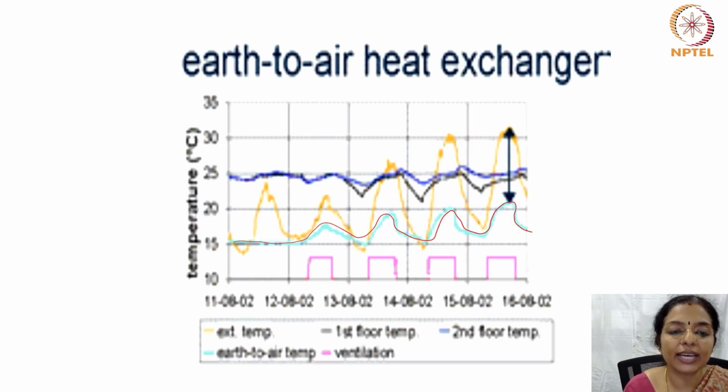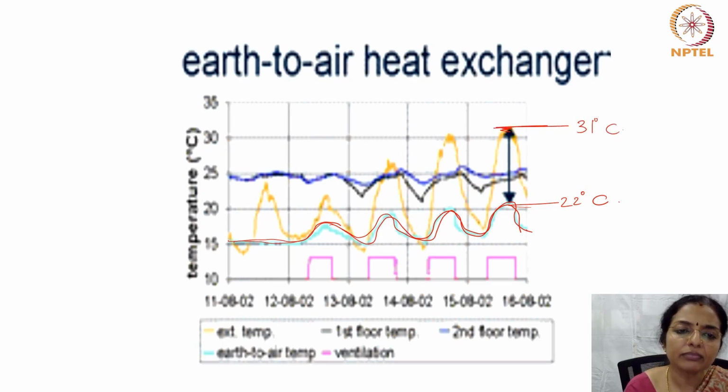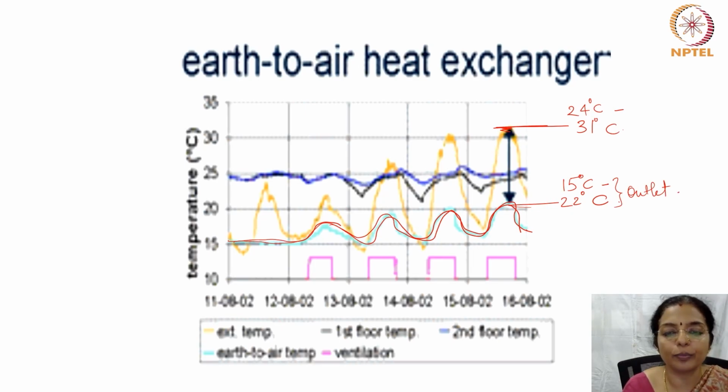Here you can see how the temperature of the earth air tunnel air never exceeds 22 degrees centigrade, even though the external temperature is anywhere between 24 degrees centigrade and 31 degrees centigrade, and the earth air tunnel temperature is anywhere between 15 degrees centigrade and 22 degrees centigrade. This is the outlet temperature, I mean.